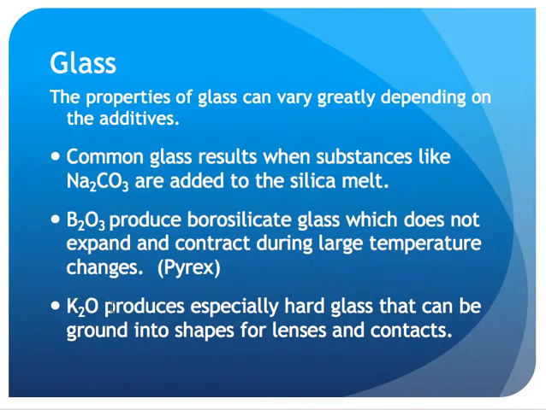And one of the last of the most common things that we add to glass is a potassium compound. This really just hardens the glass quite a bit, so it can be ground into shapes for lenses, or yes, back in the day, they even used it for hard contacts. Your parents, if they wore contacts at some point, might have worn hard contacts. And so this is something that's normally used for something like that.